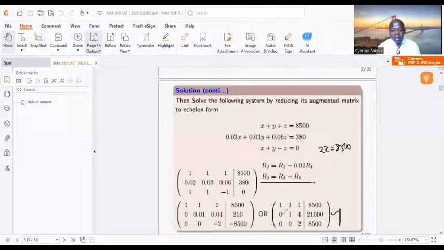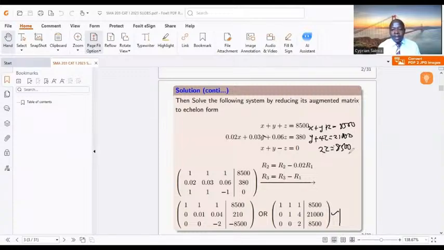And this other row means, here it was x, y, z, so it means y plus 4z is 21,000. And the first row here means x plus y plus z is 8,500. So you're solving from the bottom going up, make z the subject of the formula by dividing both sides by 2.